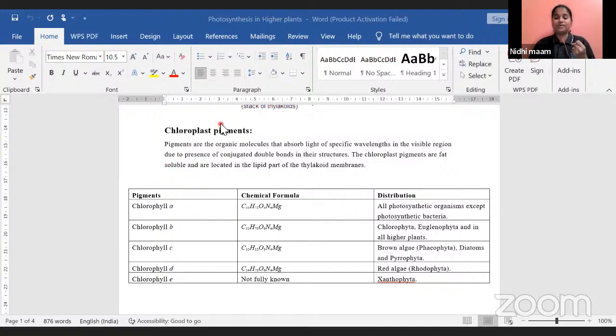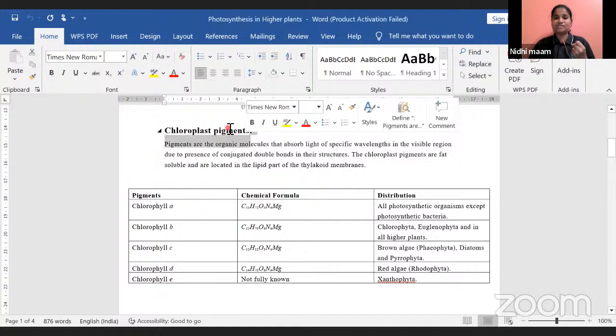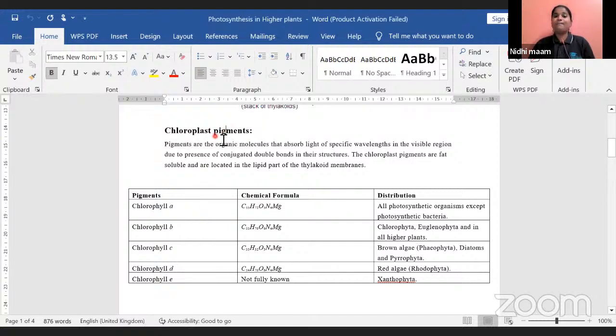It is due to the presence of chemical substances which we call pigments. Pigments are organic molecules. What is the function of these pigments? They absorb light of a specific wavelength.